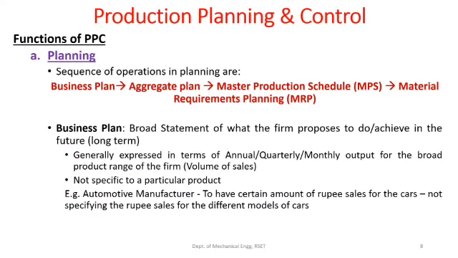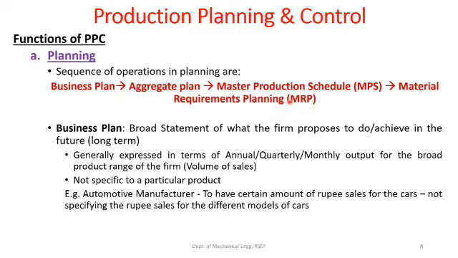Now we'll have a look at the functions of PPC in detail. So the very first function is planning. Now the sequence of operations in planning is such. It starts off with deciding a plan called a business plan. Then you specify aggregate plans. You make master production schedules or MPS, and you also specify the materials requirement planning.